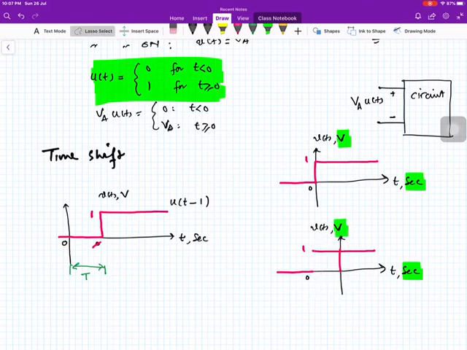Sorry, the vertical line is going with it, so I will redraw it over here. So what I have done, originally this was the origin and I have shifted it towards the right hand side by an amount t.